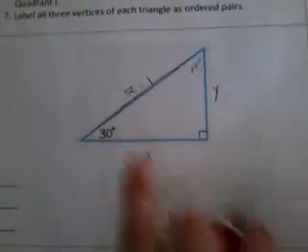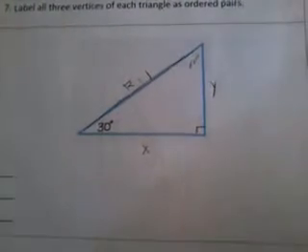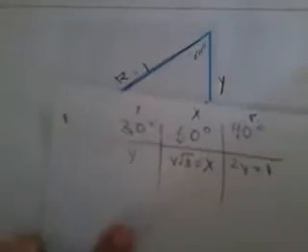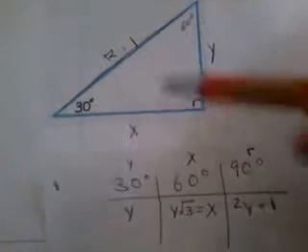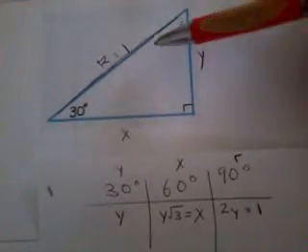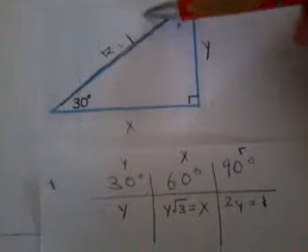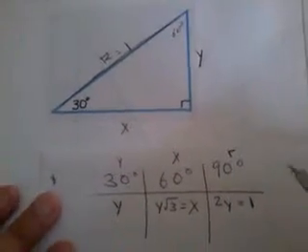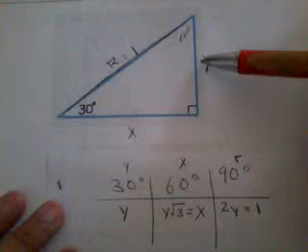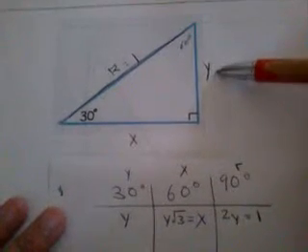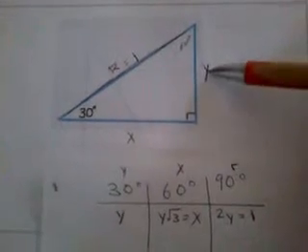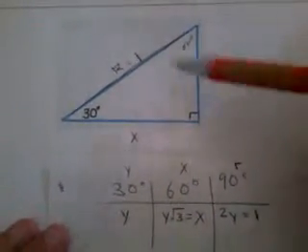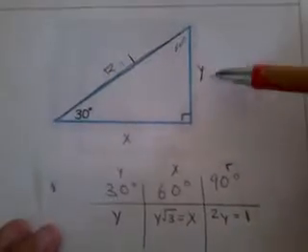If we remember the rules from the 30, 60, 90 triangle, the side opposite 30 degrees will be Y, the one opposite 60 degrees will be X, and the one opposite 90 degrees will be R. According to the rules, the side opposite 30 degrees is a certain length, the other leg is the length of this side times the square root of 3, and the hypotenuse is twice the length of this one.